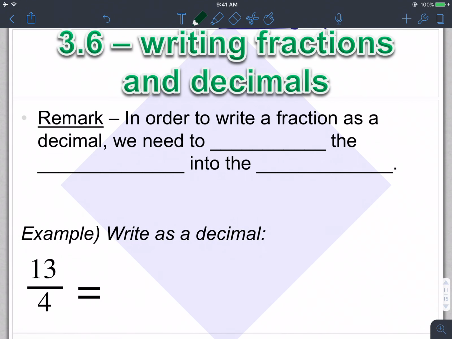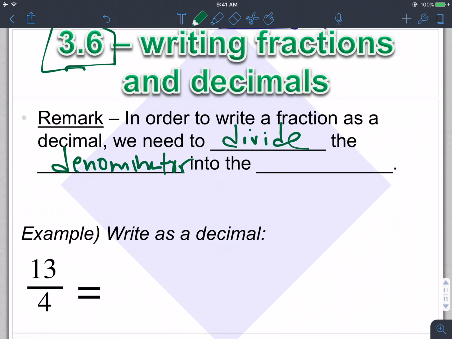Okay. Fractions and decimals. Yikes. Fractions. All right, we'll handle it. In order to write a fraction as a decimal, we need to divide the denominator into the numerator.